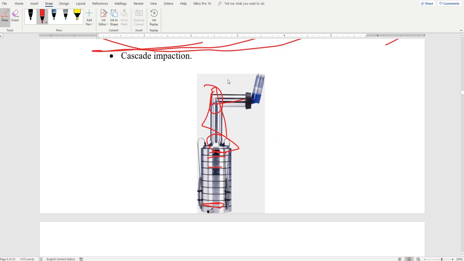Of course, the principle of cascade impaction is that this one will be connected to a vacuum, you see there is an opening here, and when you press on this device to emit the dose, and this is connected to a vacuum, air is flowing in this way, from the mouth to the vacuum.